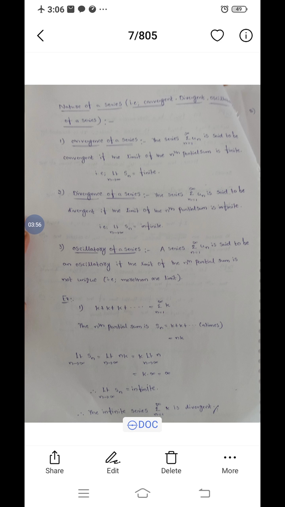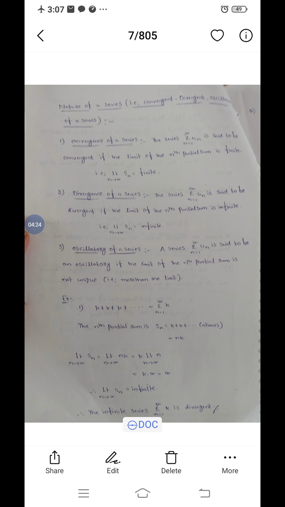Next we consider the nth partial sum of the given series. If we calculate the limit of that nth partial sum and that limit value is finite, then it is called the convergence of a series. That means limit n tends to infinity, Sn equals finite. So this is about the convergence of a series.